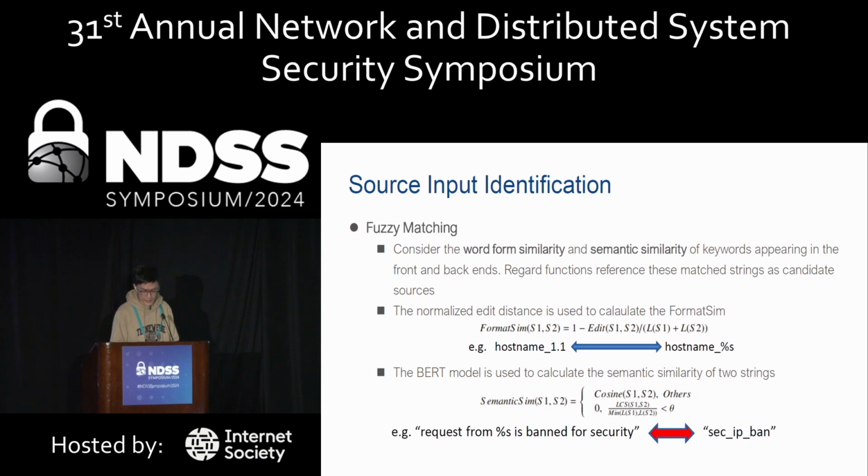And for semantic similarity, HermeScan utilizes the transformer-based BERT model to calculate the cosine similarity of string embeddings. So semantic similarities help to capture the hidden associations of strings. Finally, HermeScan recognizes functions referencing these strings as candidate source functions, which are likely to parse external inputs.